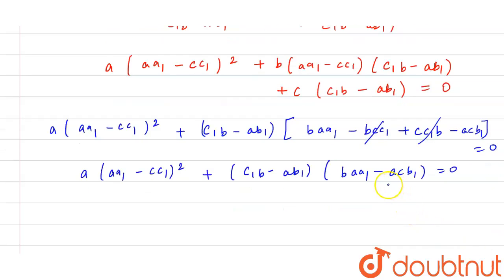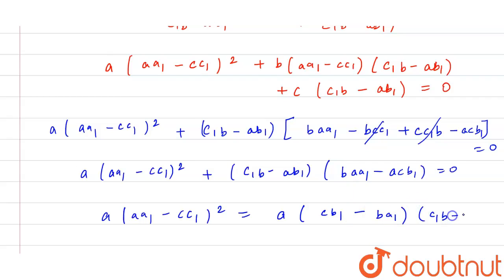Now taking these terms to this side, the negative sign changes, and taking a common, we get a multiplied by (cb1 minus ba1) multiplied by (c1b minus ab1).